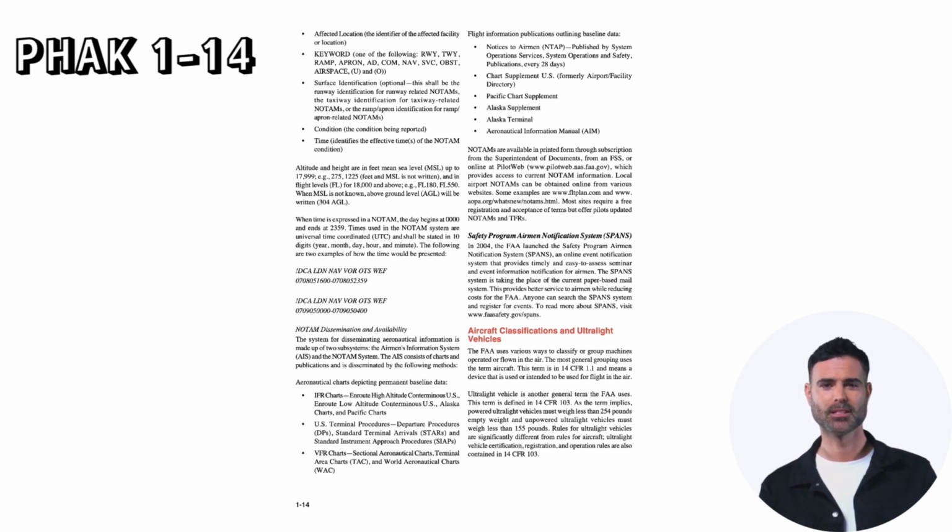NOTAM dissemination and availability. The system for disseminating aeronautical information is made up of two subsystems: the Airman's Information System, AIS, and the NOTAM system. The AIS consists of charts and publications and is disseminated by the following methods: aeronautical charts depicting permanent baseline data, IFR charts, en route high altitude conterminous US, en route low altitude conterminous US, Alaska charts, and Pacific charts.